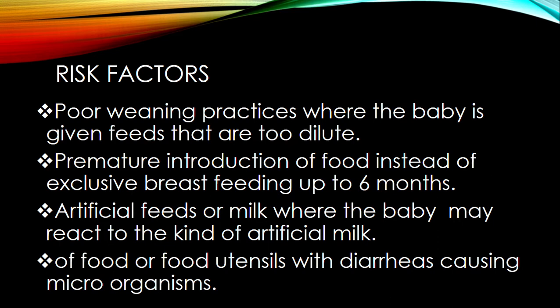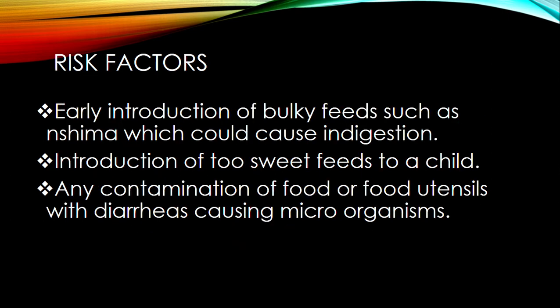Also, use of utensils such as bottle feeding, when these utensils are contaminated with any diarrhea causing agents, maybe salmonella, maybe E. coli, or maybe these viruses that we've talked about, it can result in diarrhea.